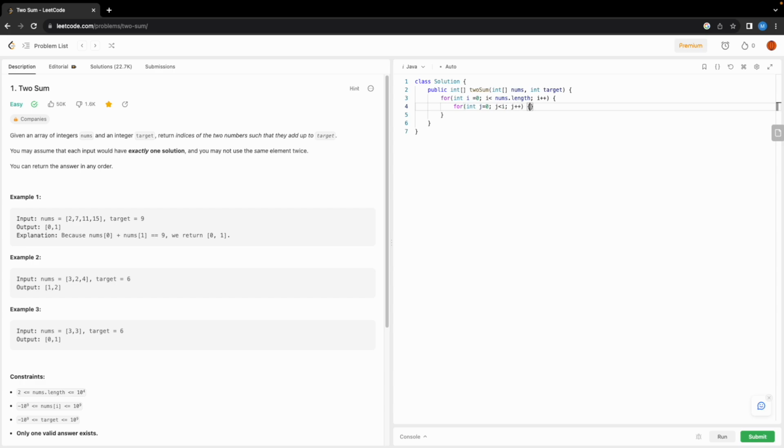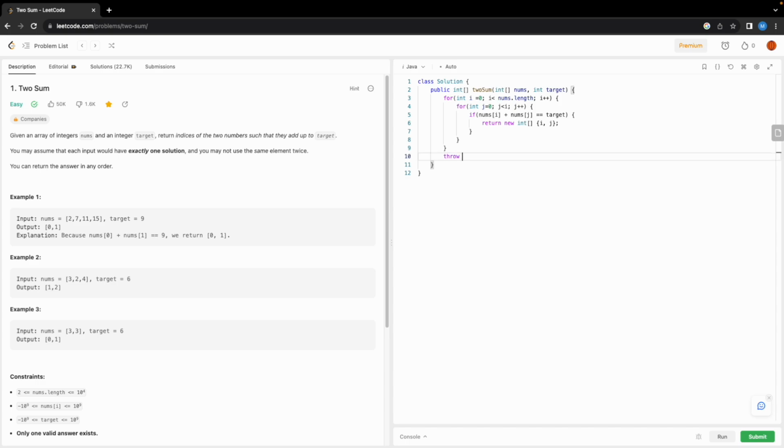Okay, what are we comparing here? If nums of i plus nums of j equals target, then we found the solution and we have to return an integer array of i and j. If this didn't happen, we have to have a default value. Problem statement guarantees that there can't be this scenario.